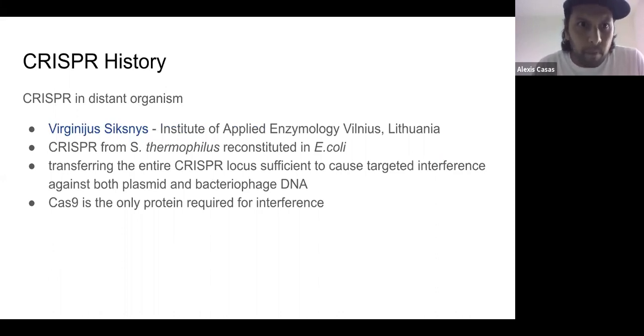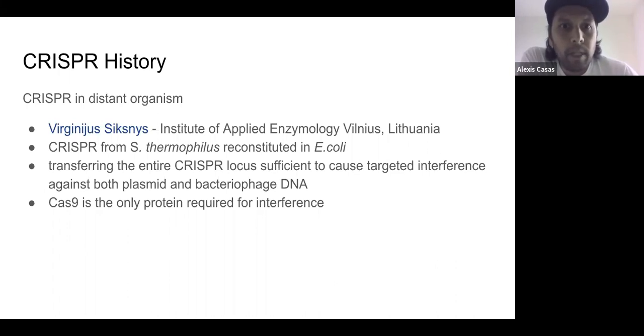Another researcher in Lithuania called Virginijus Šikšnys was working on the CRISPR system from Streptococcus thermophilus reconstituted in E. coli. He found that transferring the entire CRISPR locus was sufficient to cause targeted interference against both plasmid and bacteriophage DNA.